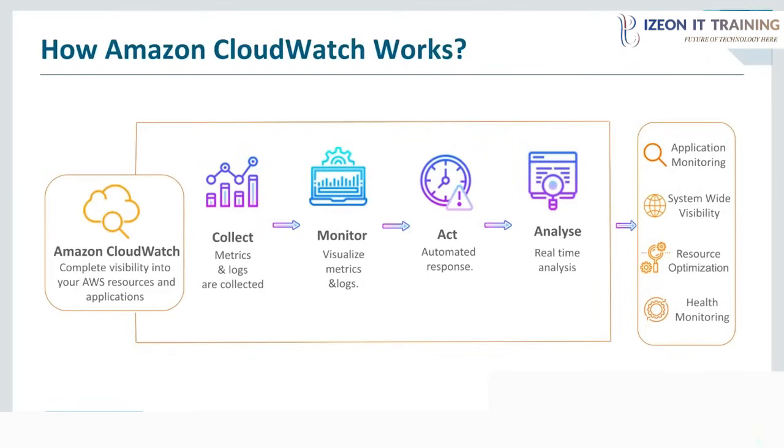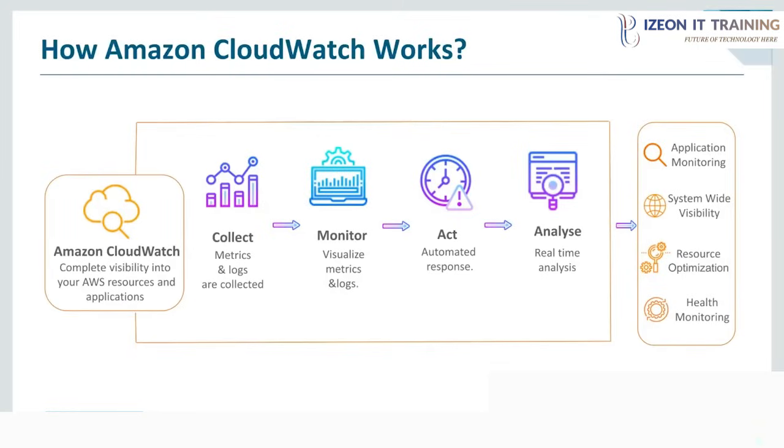Moreover, if there is some sort of operational change in the AWS environment, Amazon CloudWatch becomes aware of these changes and responds to them by taking some sort of corrective action, like maybe it sends you a notification or it might activate a Lambda function, etc. And finally, it provides you real-time analysis by using CloudWatch Metric Math.